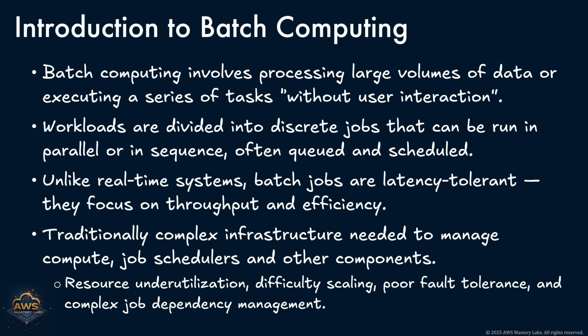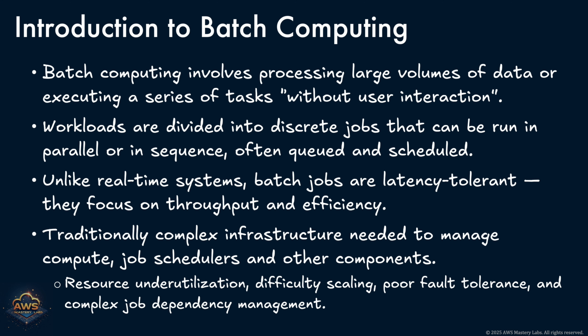For example, you might need to process thousands of video files overnight or train multiple ML models in parallel across different hyperparameter sets. Traditionally, managing batch workloads meant setting up complex infrastructure, clusters of machines, job schedulers like Slurm or Grid Engine, dependency management, error handling, and fine-tuned scaling. These environments were not only hard to maintain, but often led to underutilized compute resources and inefficient operations.